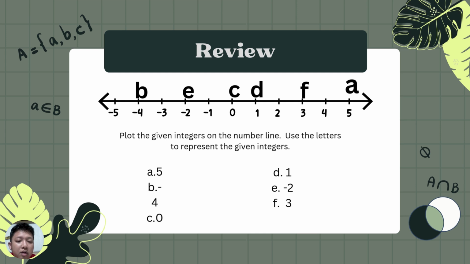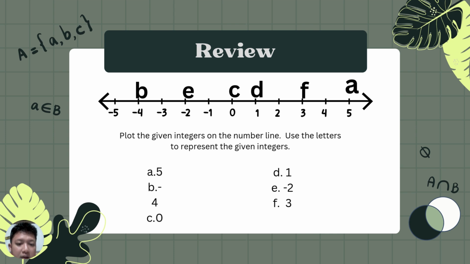Given that the instruction wants us to plot the integers using their corresponding letters, A is located at the right part of the number line where you can see 5. Next is letter B. And C is on top of 0.